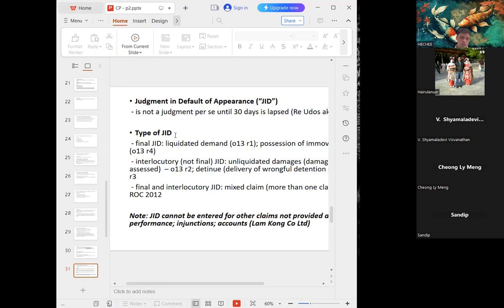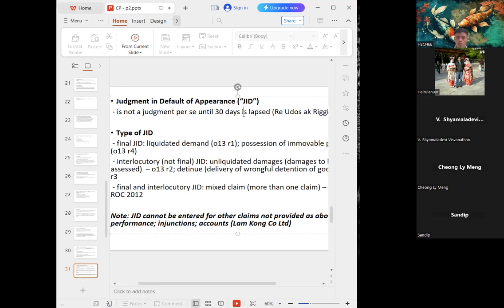If the writ and the statement of claim are served on A, and A did not enter into appearance, then after the 14 days I can apply for the JID against A. So whatever I claim in my statement of claim will become the judgment in default. In the end, the court will say, here are the things that A has to give you. This is the so-called JID.